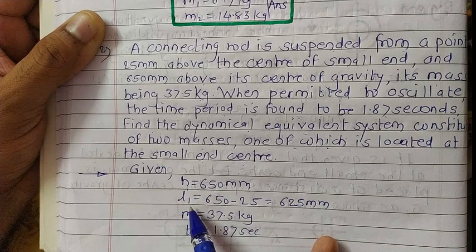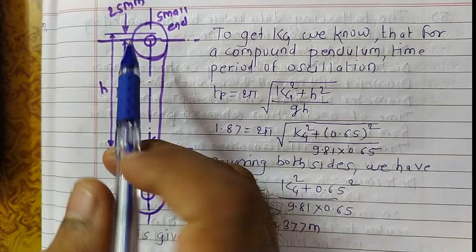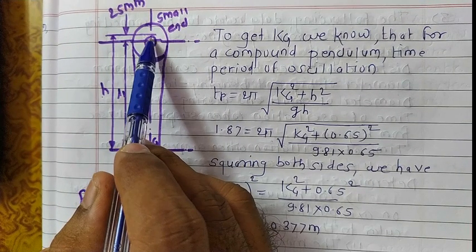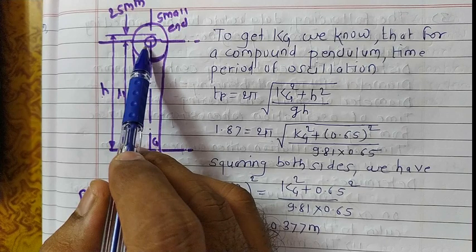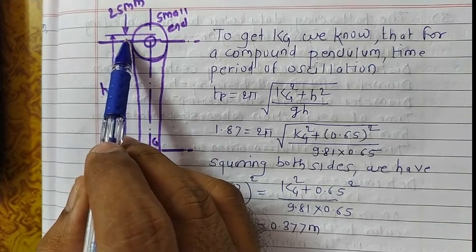The only difference between this and h is that h is measured from the top, the mass location given at the small end. Here this distance is given as 25 mm.